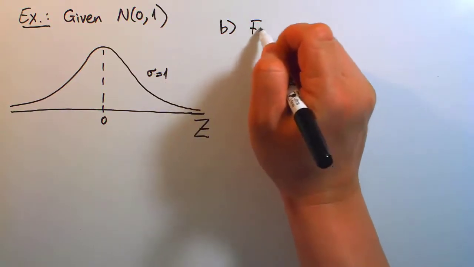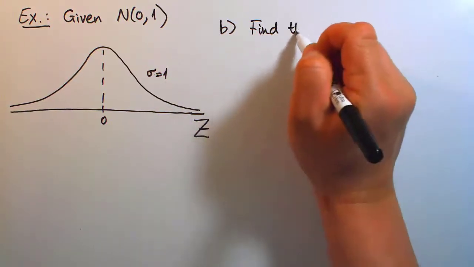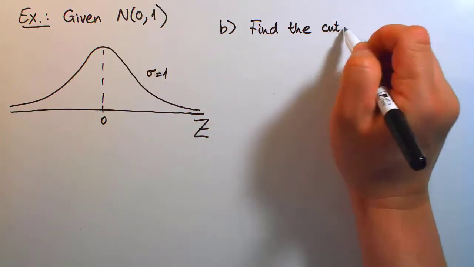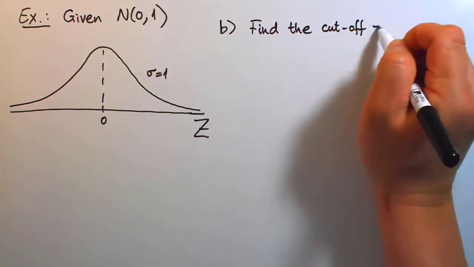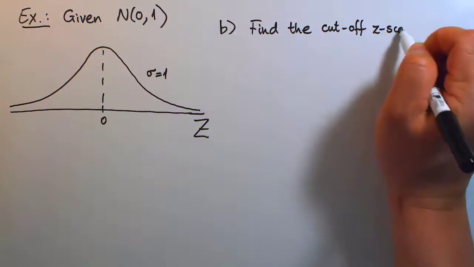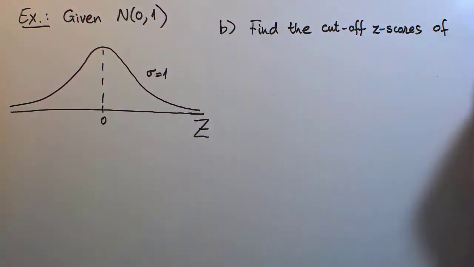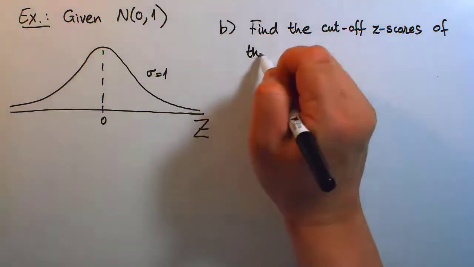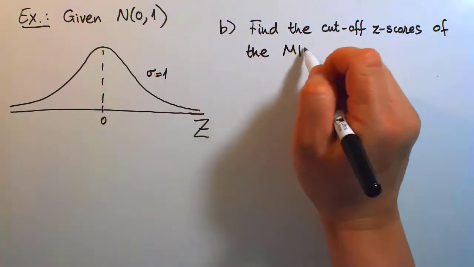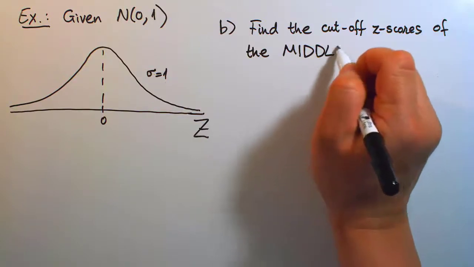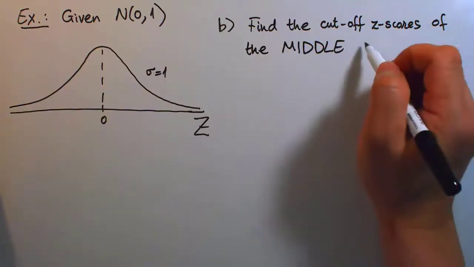I want to find the cutoff z-scores again, but this time the description I'm putting in is the middle, about 80%.